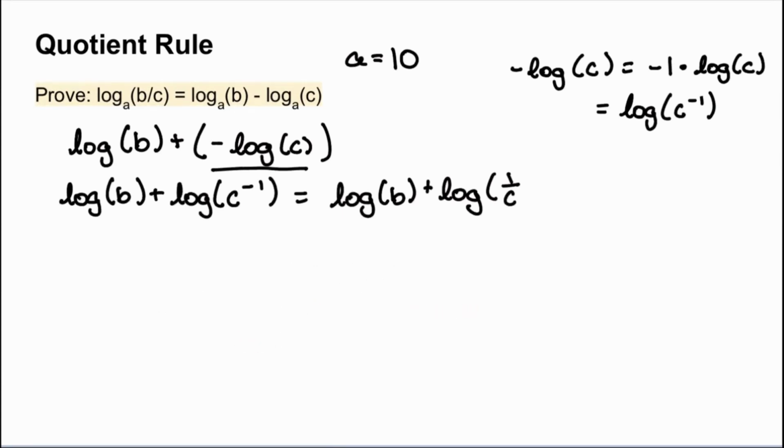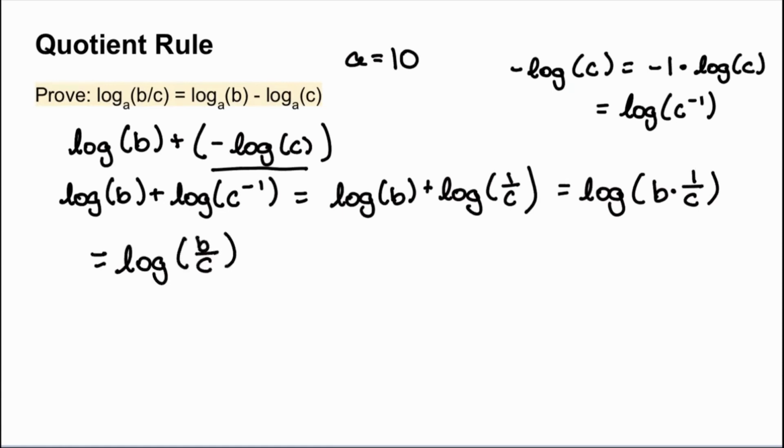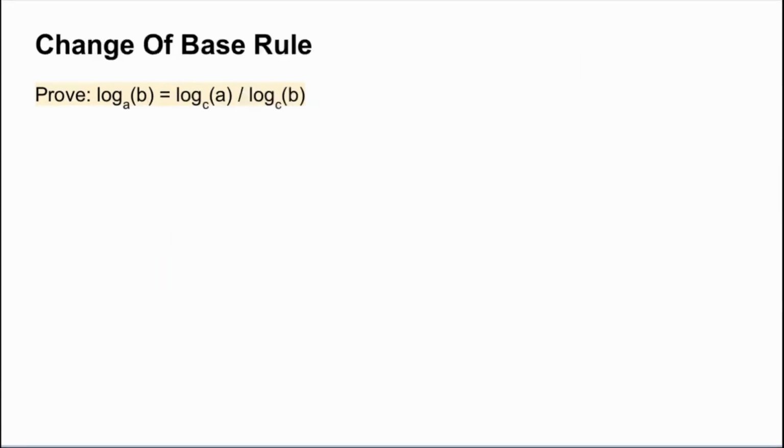So that's what we're going to do with this example. We're going to multiply the two arguments and put it under one log. This is going to be equal to the log of B times 1 over C. And simplifying that down, we get log of B over C, which is the division of the two logs that we had originally, which cements the quotient rule as an identity.